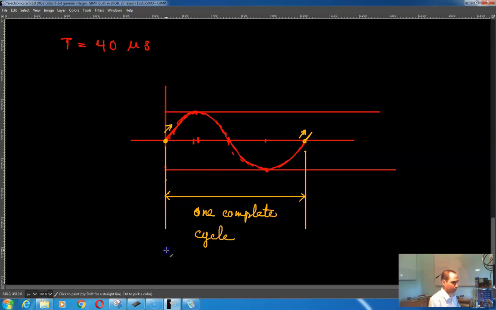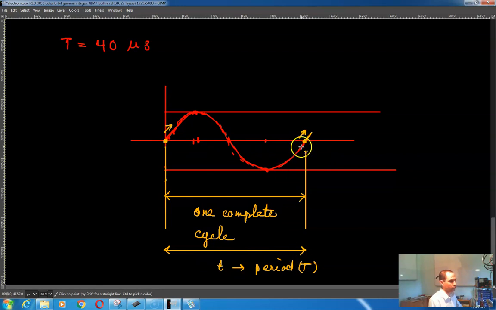The time T would be your period, which is denoted by T. So if you had a sine wave whose period was 40 microseconds, you would look at your oscilloscope screen and see a sine wave like this, and it goes from this point to this point, one complete cycle.